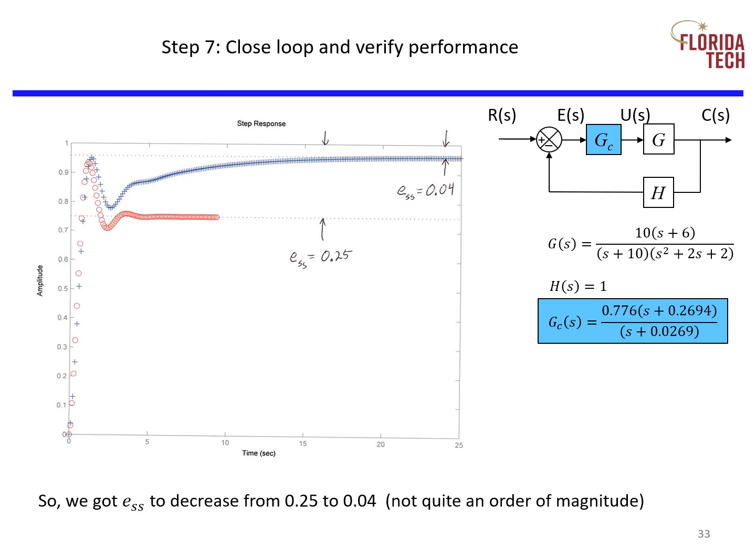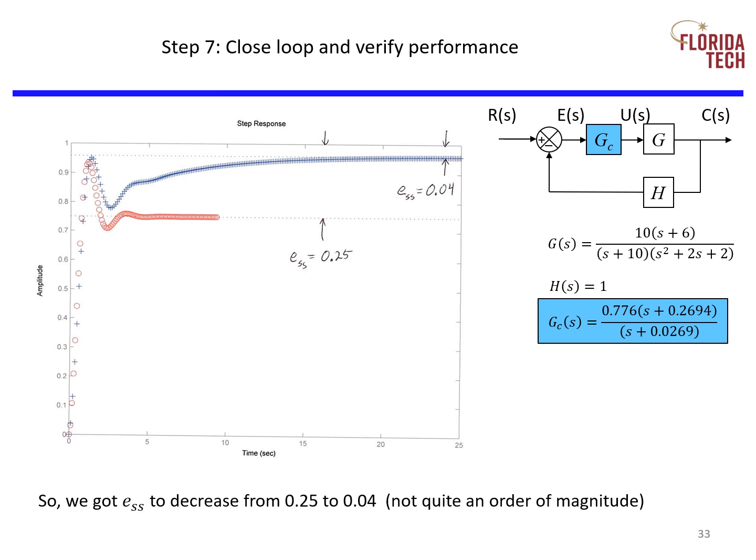For step 7, add the new Kc. The lag controller is now fully designed. We have the new open loop transfer function and run the steady state error equation or look at the step response to figure out what we have.